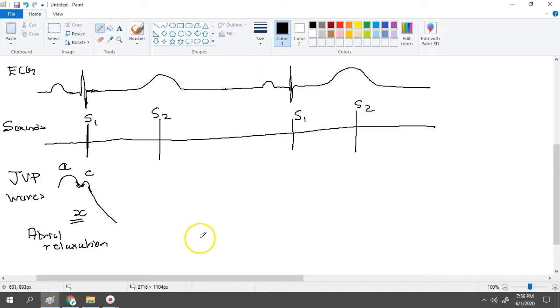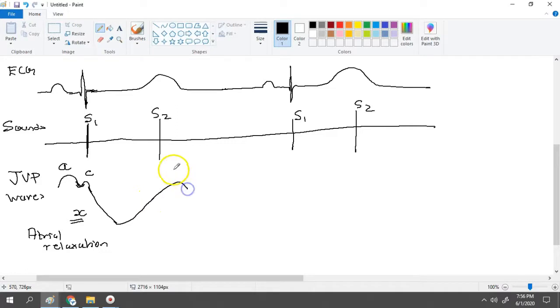Now, as the atria relaxes, it is quite simple to understand that blood will now start flowing into the atria and gradually the pressure starts to increase. It starts to slowly rise, and this upward movement peaks as what is called the V wave. So, what is the V wave? It is the slow venous filling. The maximum of the V wave corresponds to somewhere after the end of the T wave.